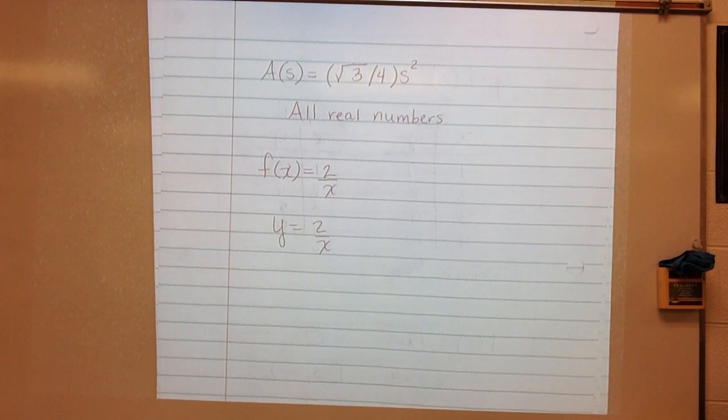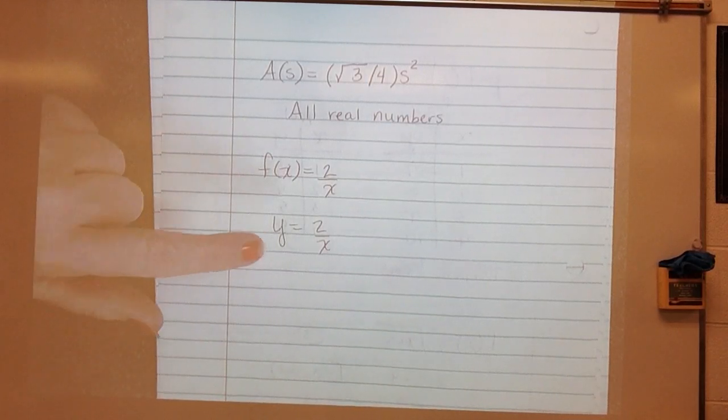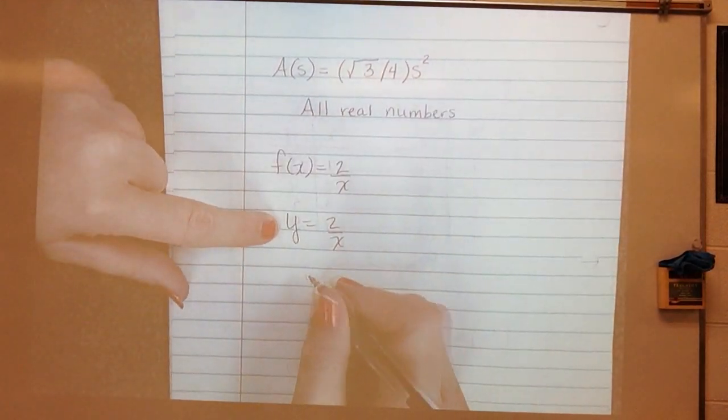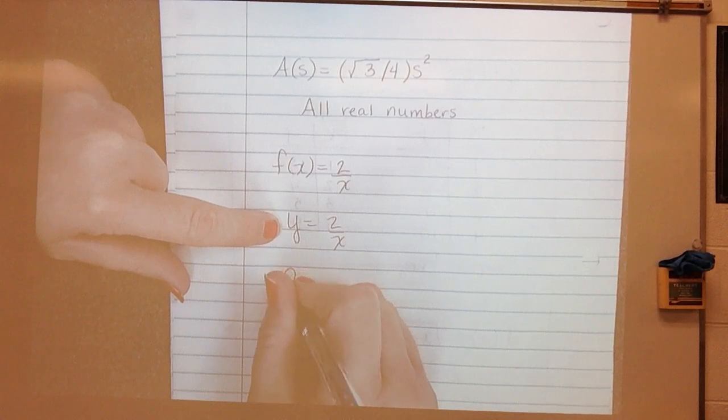In other words, it looks like if I were to continue this graph up, it would go as close to the y-axis as possible, but it would never touch 0. Alright, so we're going to say the range for this is every number except 0. Now, let's solve it algebraically. We want to confirm that. So what we would do is we would let y equal 0.